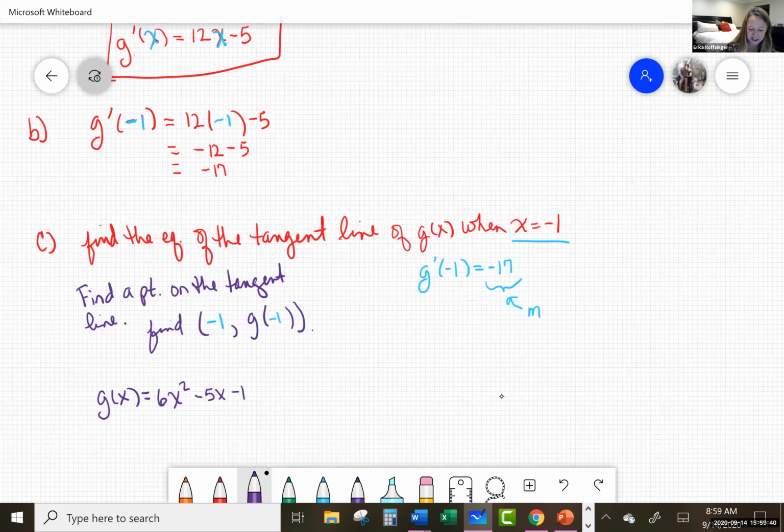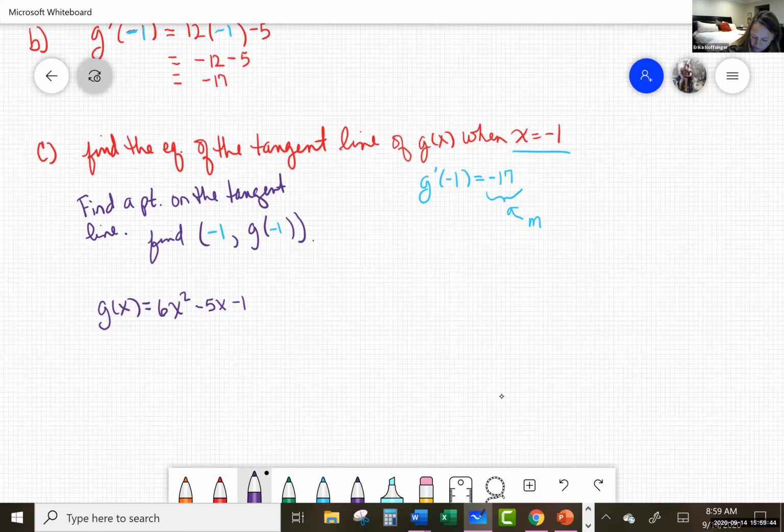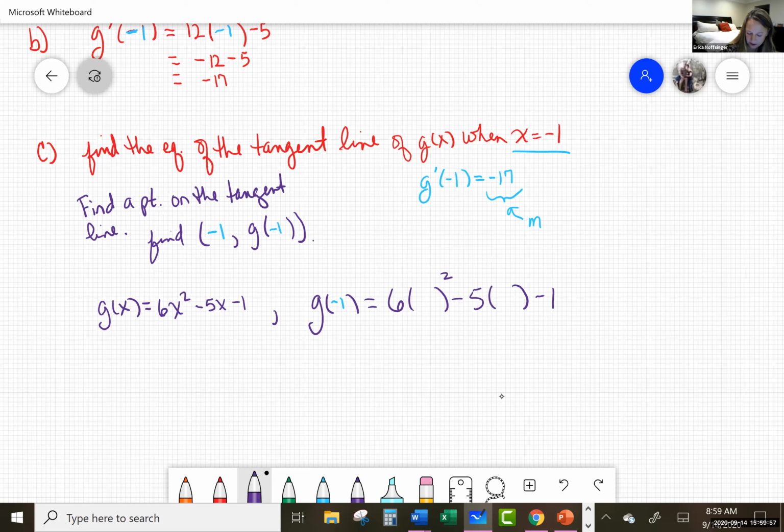So if we want to find g of -1, we're going back to our original function and plugging in -1 wherever we see an x. So we have 6 times -1 squared, minus 5 times -1, minus 1. Plugging in -1 wherever you see an x, and then order of operations to simplify.